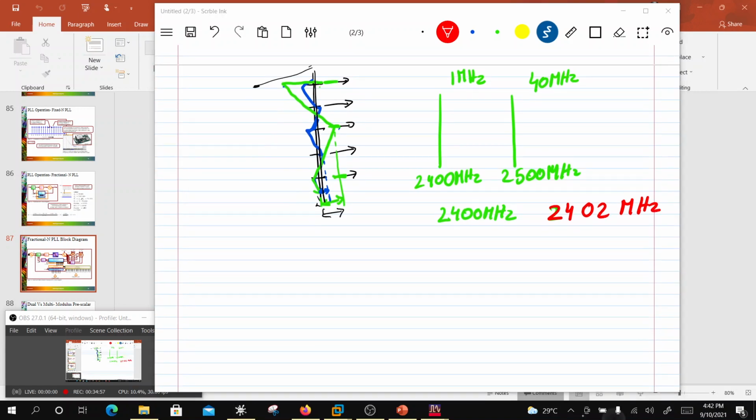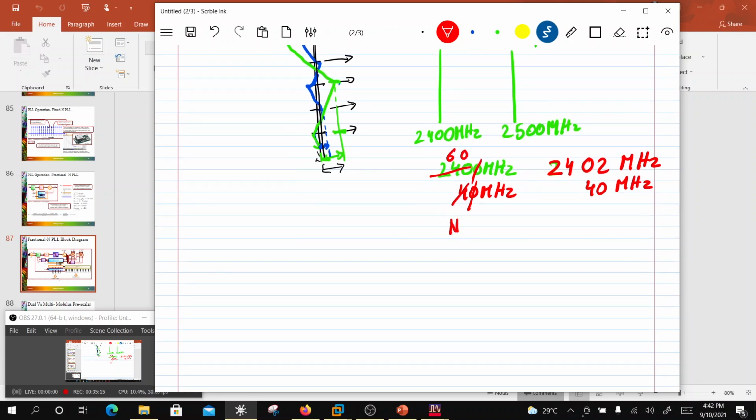So what would be the divide? Let's say my crystal is 40 megahertz, and here the crystal is the same 40 megahertz. Now here I would just say that the divide ratio is going to be 60, correct?